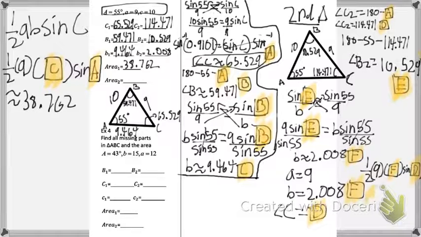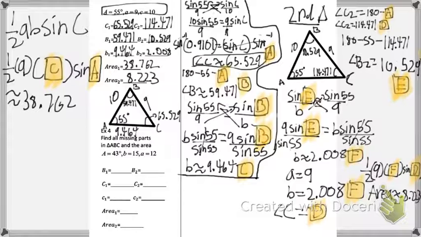So area, oh, why do I keep doing that? Okay, sorry. Area 2 approximately equals 8.223. So area 2 equals 8.223.